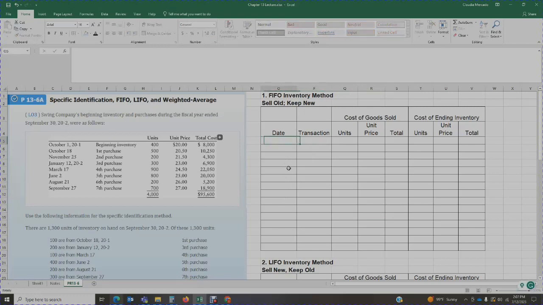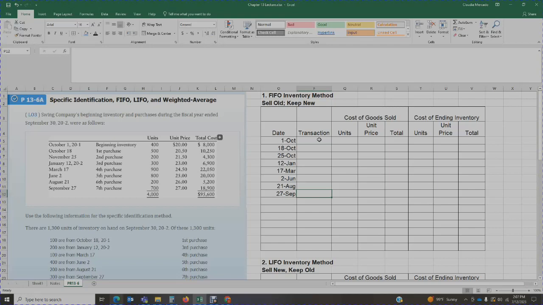Oh shoot. Okay, let me go back. October the 1st, October the 18th, October the 25th, January the 12th, March the 17th, June the 2nd, August the 21st, and September the 27th.